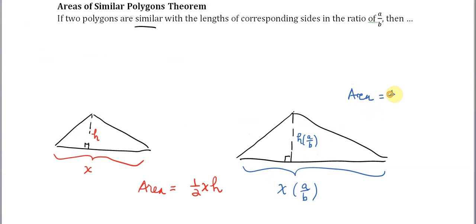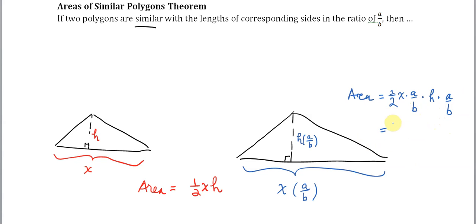It's going to be 1/2 the base, so the base of this is going to be x times a over b, times the height, and the height here has been scaled up as well, so it's going to be h times a over b. Okay. And boy, I've got a lot of variables here, so we can combine some of the terms and just clean them up a little bit.